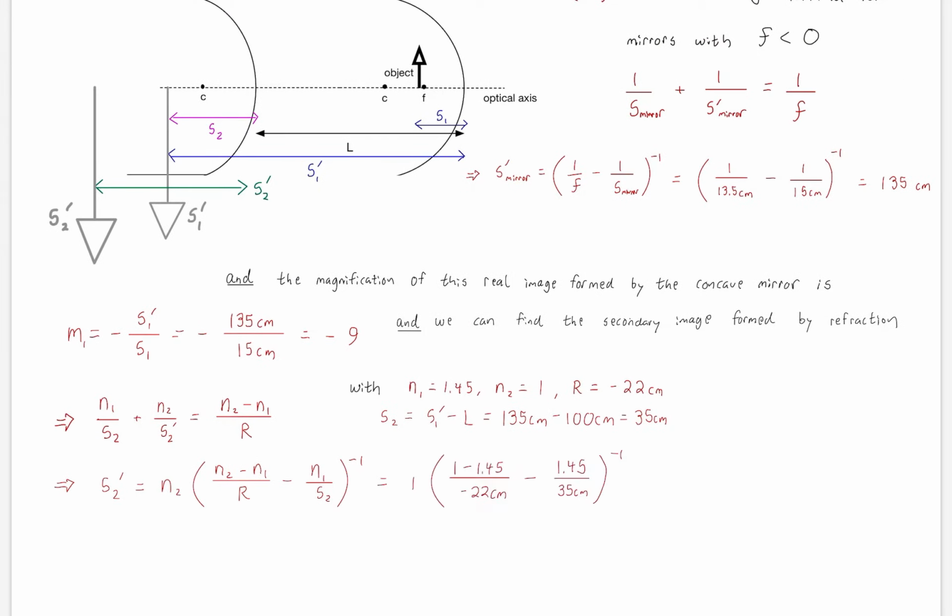So I think we're ready to plug in our numbers. So here, I've just plugged in all the numbers I already specified, including that leading one, which is, of course, N2, and we get negative 47.7. So the fact that we got a negative value of S2 prime tells us that S2 prime must be on the same side as S2, which was formerly S1 prime minus L. So the image is on the same side as the object.